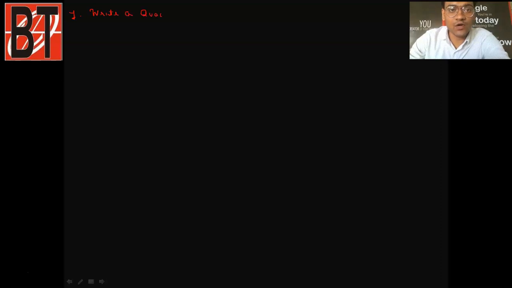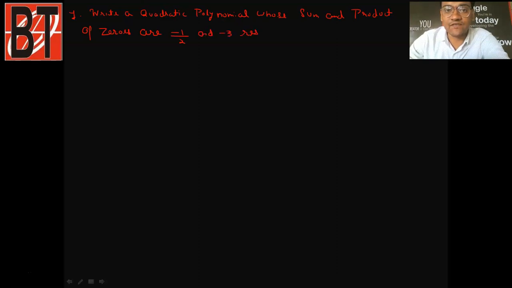Write a quadratic polynomial whose sum and product of zeros are, suppose, minus half and minus 3 respectively. Respectively denotes here that the sum of zeros is minus half, and the product of zeros is minus 3.